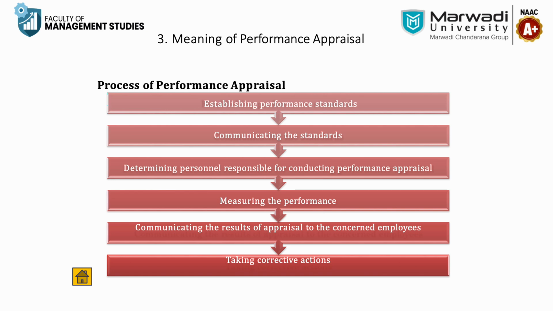Otherwise, the positive rewards could be giving them promotion, incentives, bonus, commission. But if not, then they have to take some corrective actions. So this is how the process of performance appraisal goes in the organization.